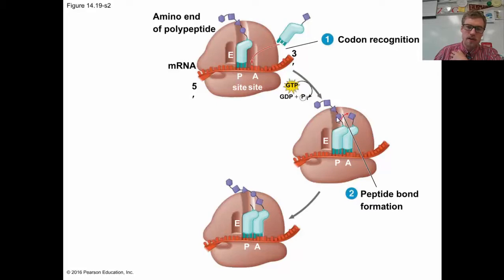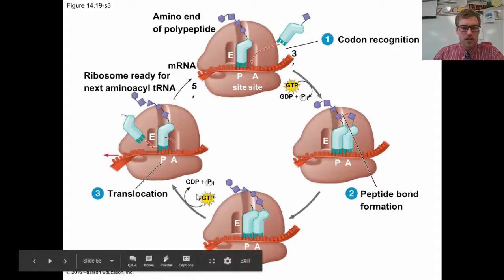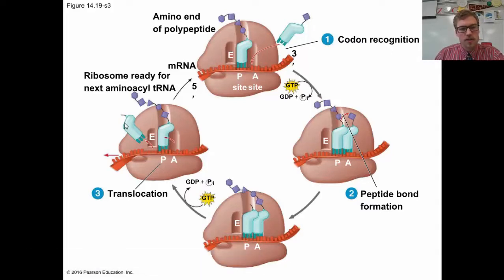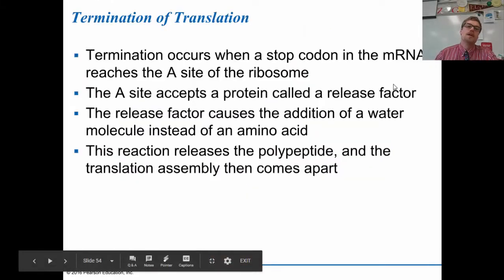So the new amino acid will be added onto the polypeptide. Then we have translocation, so the polypeptides are going to move. The mRNA is pulled to the next site, so the tRNA is moved to the next site. The used tRNA is ejected, and the next tRNA is left behind, and this process will repeat.